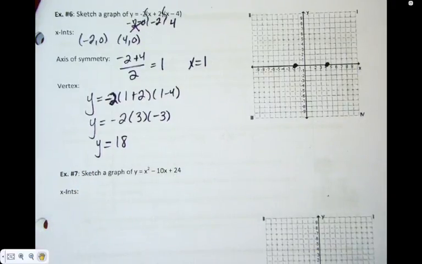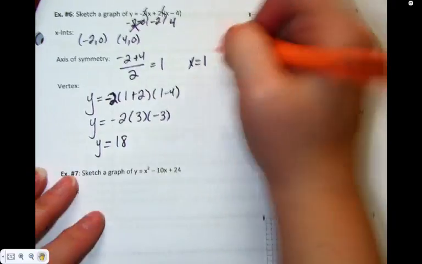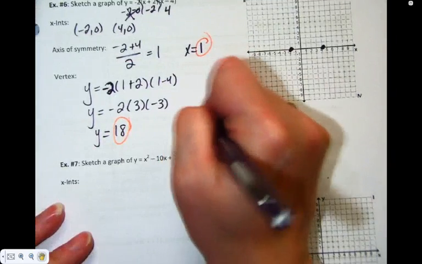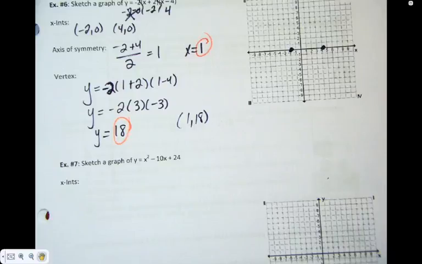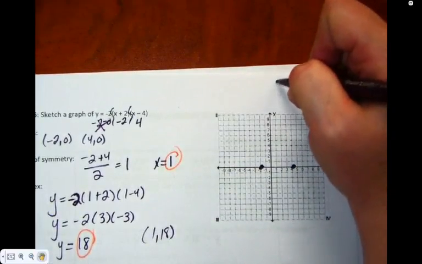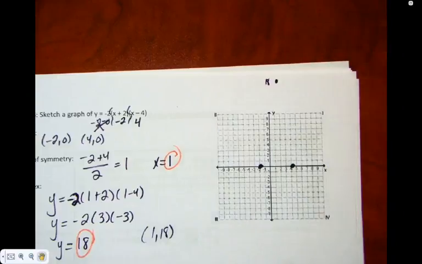Questions on that? All I'm doing is taking these two values, slapping them together to get the vertex. Okay, 2, and I've got to fake it here because 18 is off my grid. So we'll just pretend that's at 18.